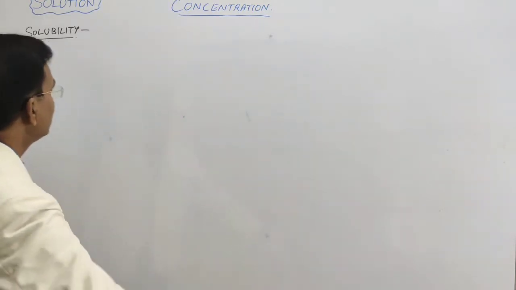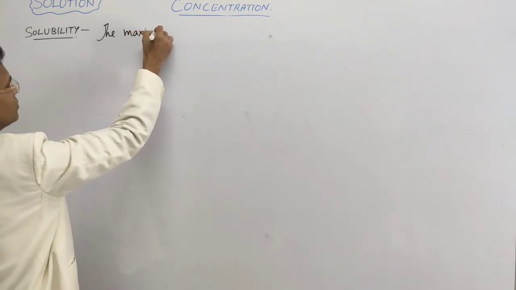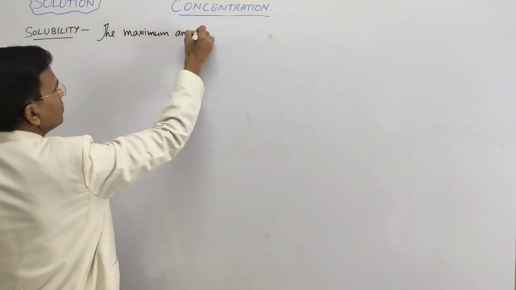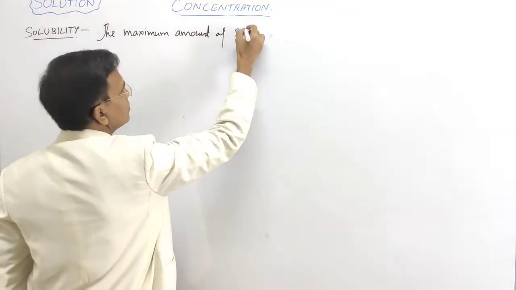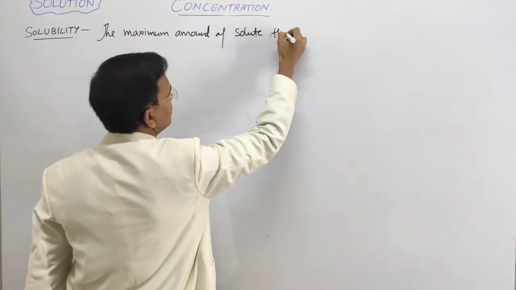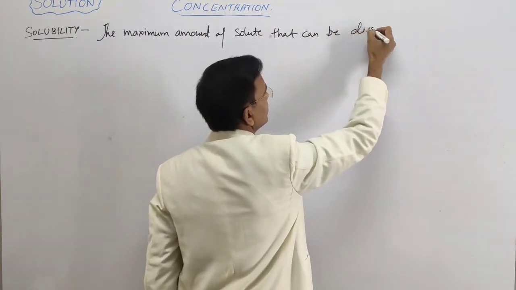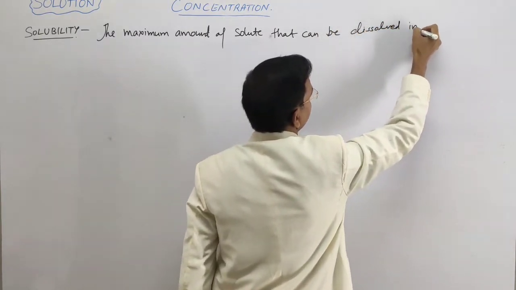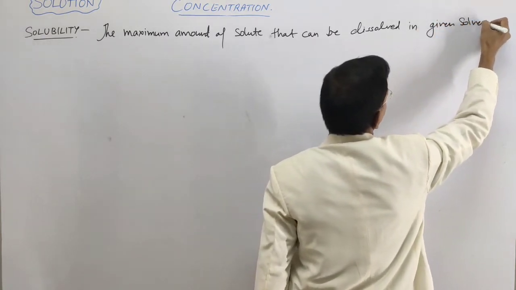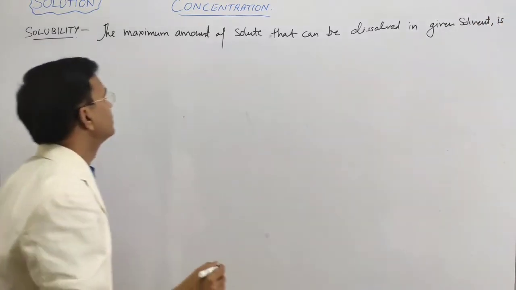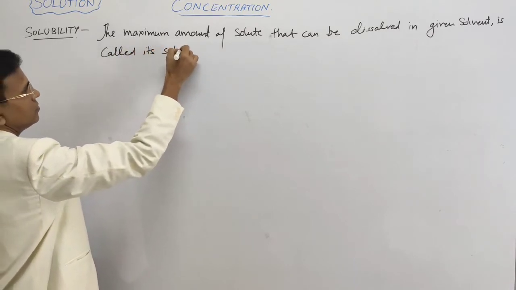So the maximum amount of solute that can be dissolved in a given solvent is called its solubility.